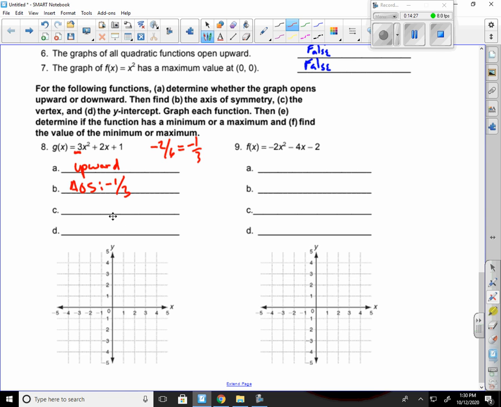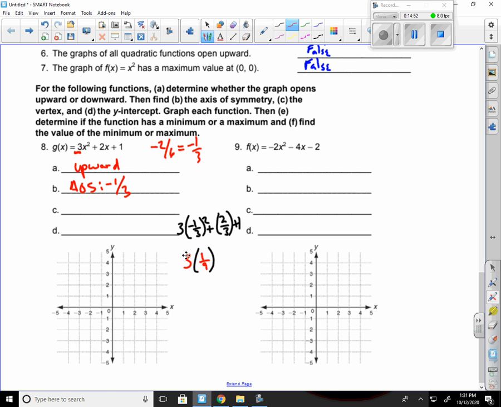Part C, find the vertex. That means I plug a negative 1/3 in. So this gives me 3 times negative 1/3 squared plus 2 times 1/3, which is 2/3, plus 1. Negative 1/3 squared gives me positive 1/9.